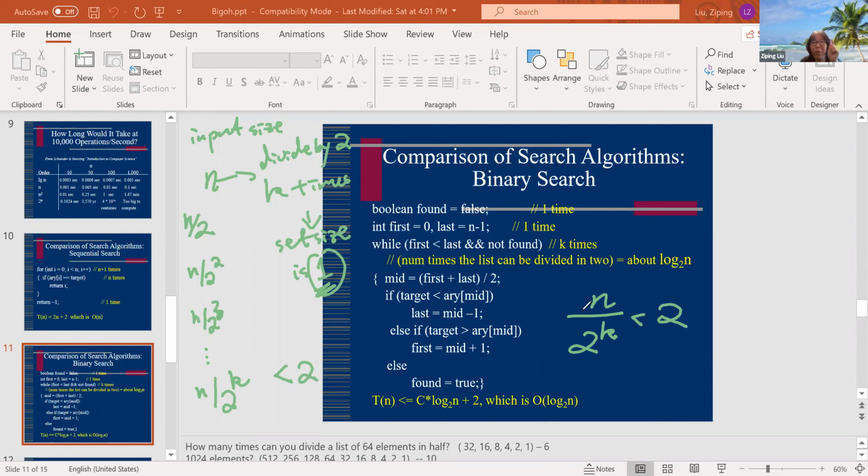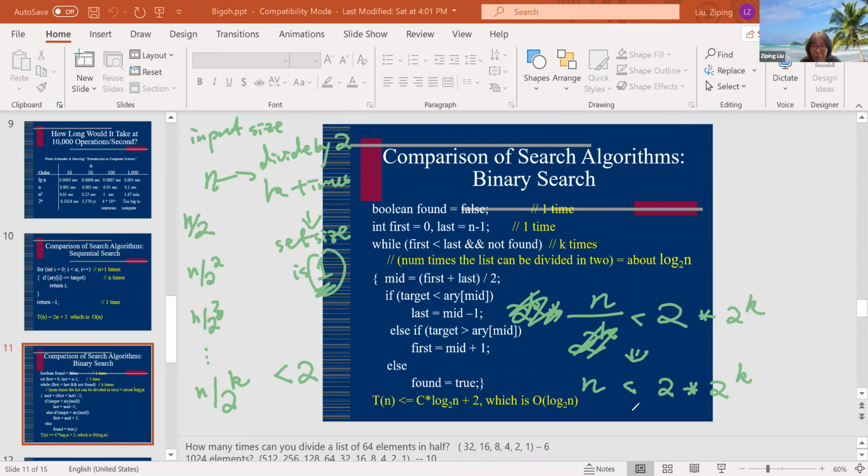And we can multiply 2 to the k on both sides. So you have n less than 2 times 2 to the k. You multiply by 2 to the k, and you cross out this 2. That's how we come up with this expression. So this is our math expression.